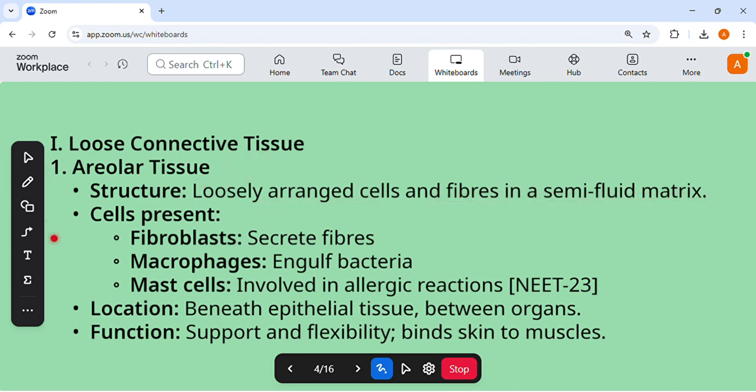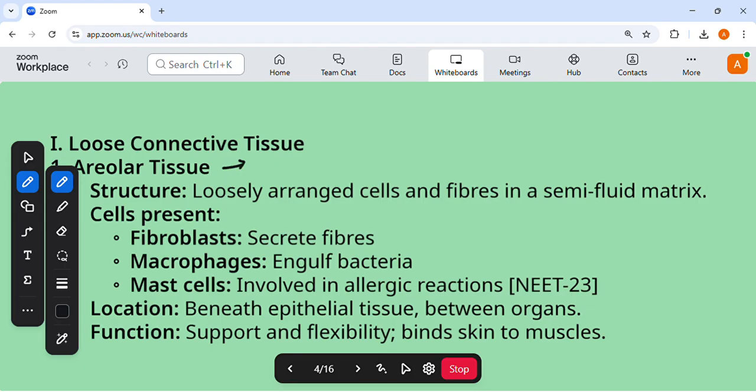Okay, it acts as packaging of organs. Okay, areolar connective tissue, space. So here different types of cells are present.